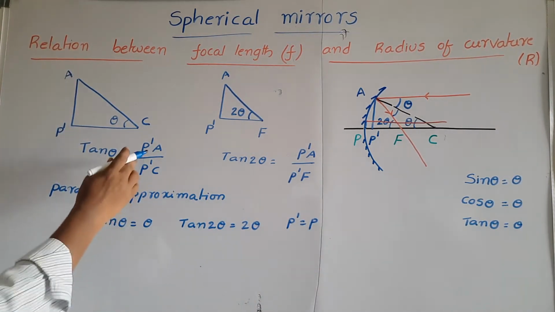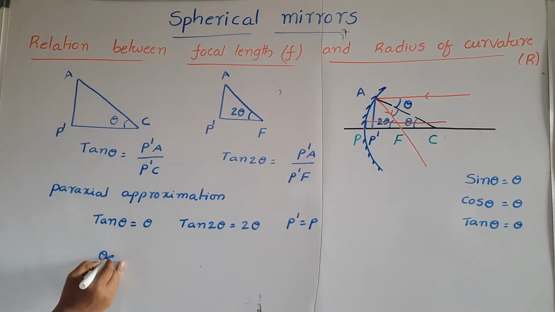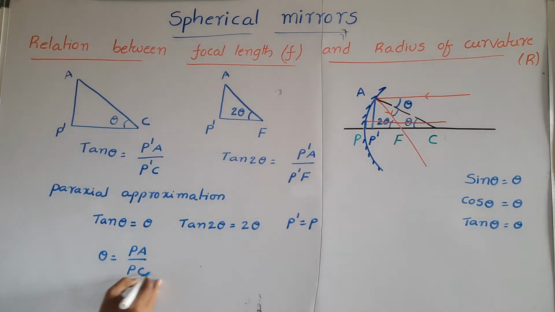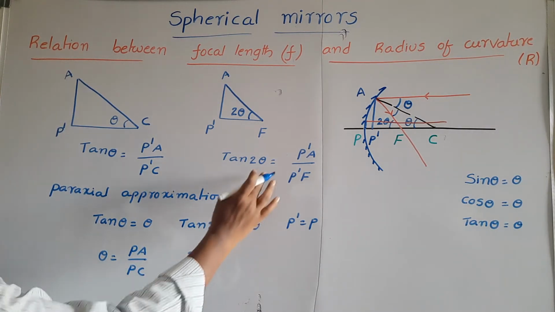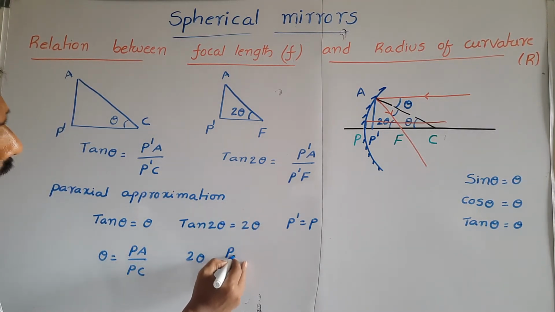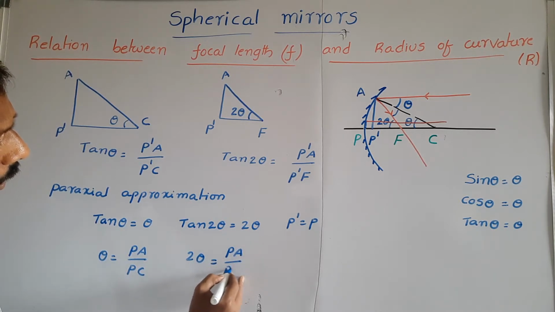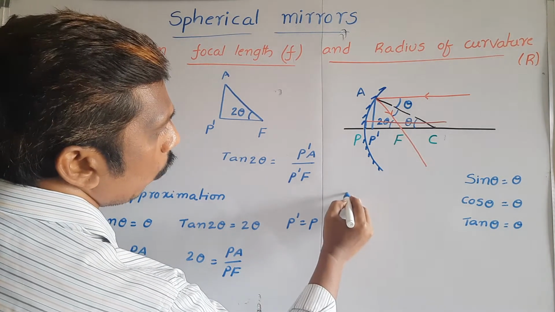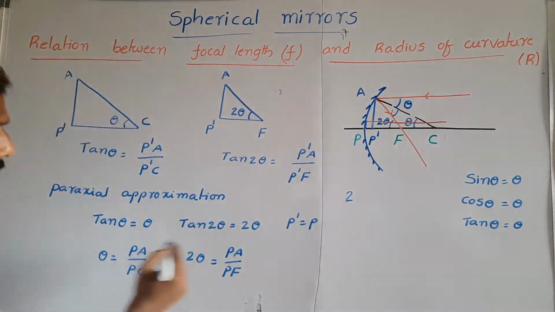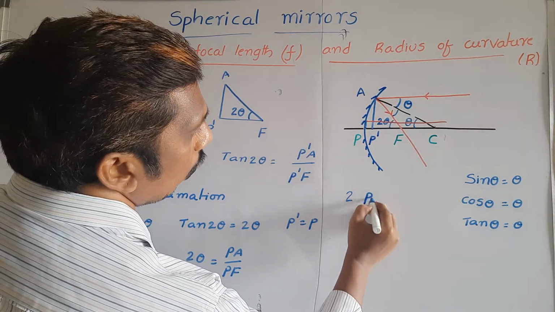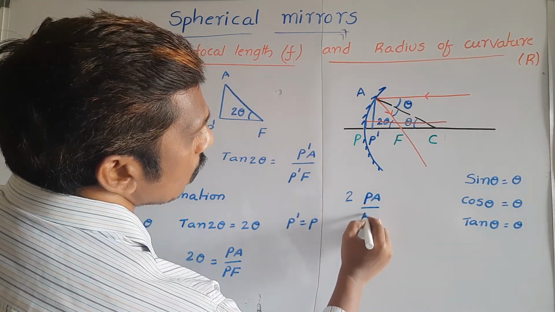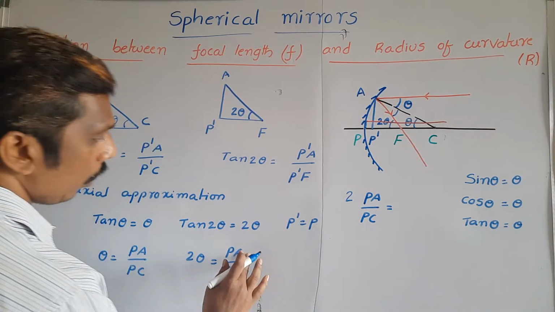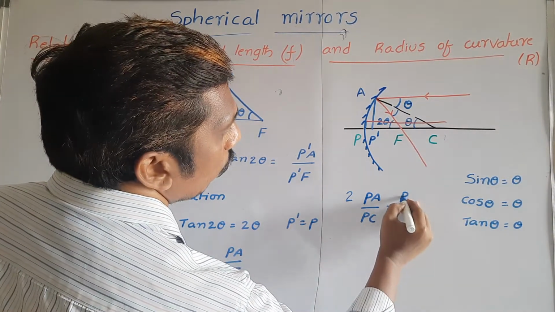Substituting these values here, we get theta equal to PA by PC. Here 2 theta is equal to PA by PF. We know theta, so substituting the theta value here, we get 2 into PA by PC equal to PA by PF.